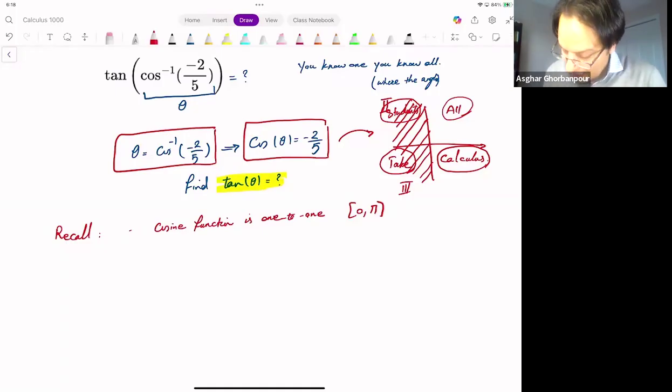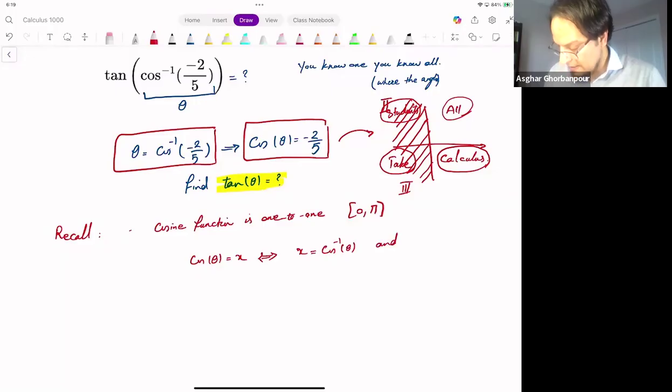So this means that cosine of an angle is x if and only if x is cosine inverse of theta, and sorry, the other way around. Why am I writing it that way?